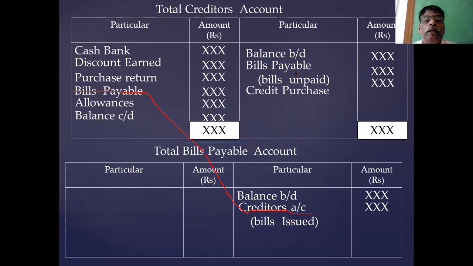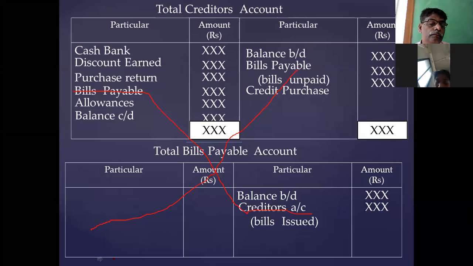And next, bills payable unpaid comes on the debit side. It may come from the creditor to bills payable, or go from bills payable to the creditor account, as per the given information. These two are the points you remember.